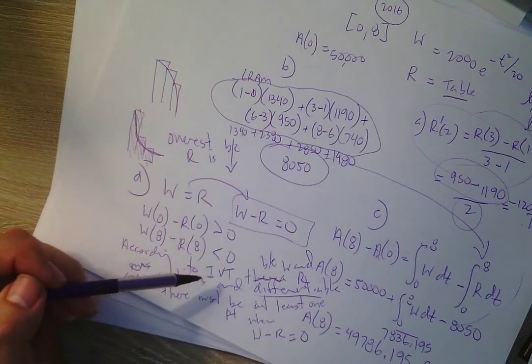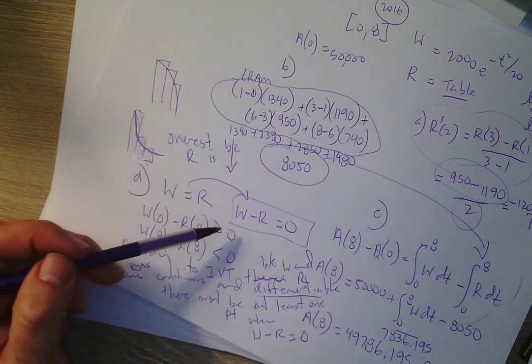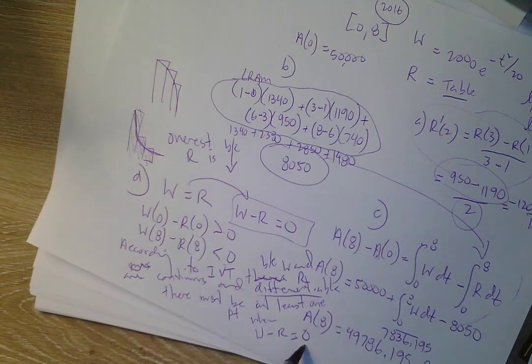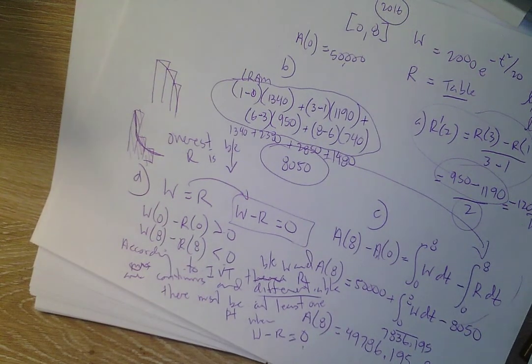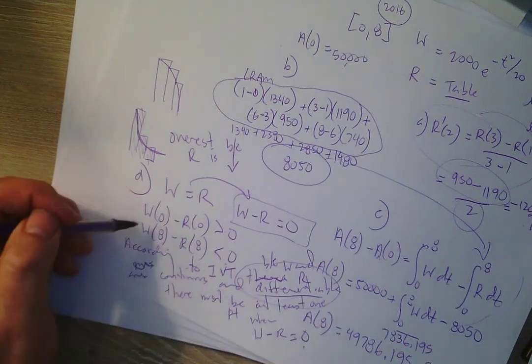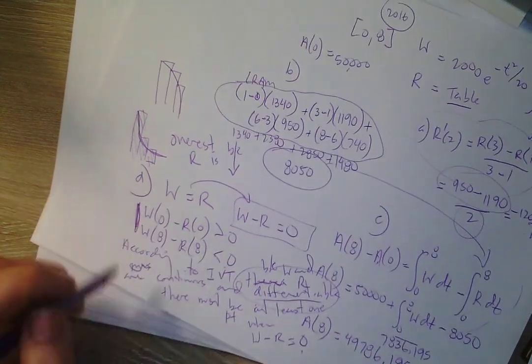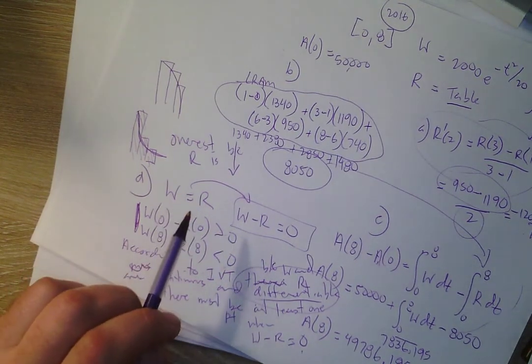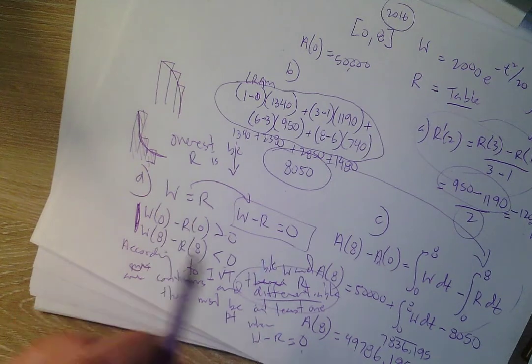Because IVT says we have to go through all the values from this positive number to this negative number, and 0 is included in that. You must mention the preconditions, and yeah, so we have to use IVT because they don't want us trying to build a function for R of t.